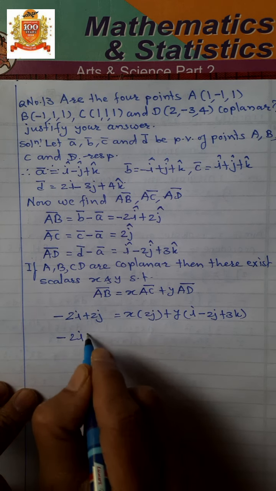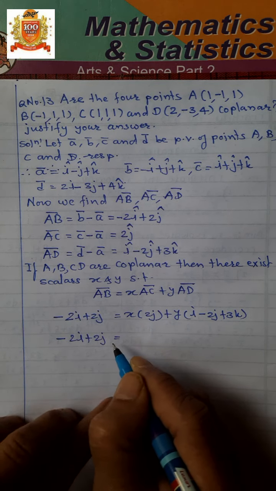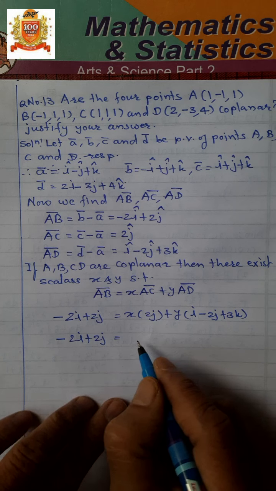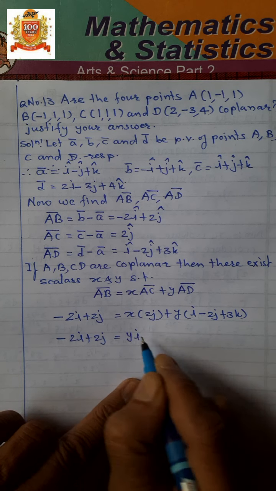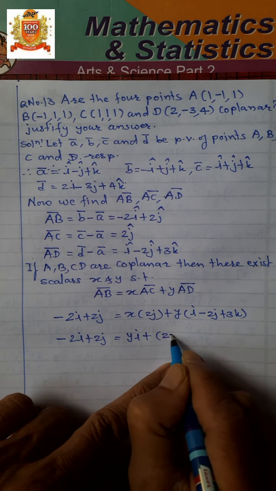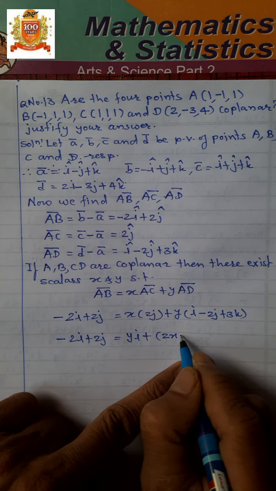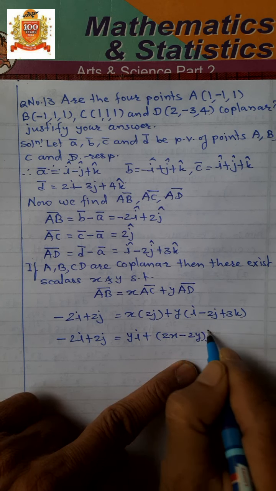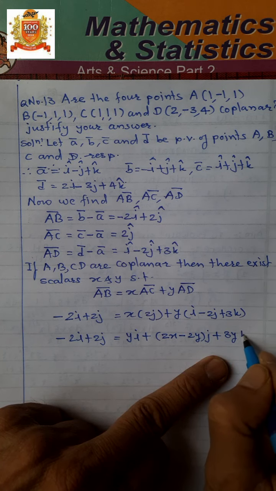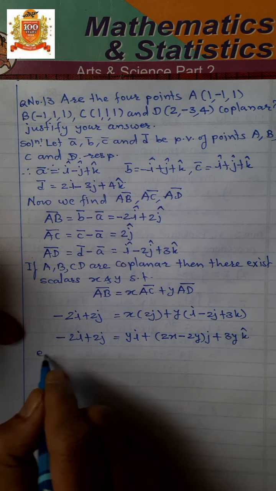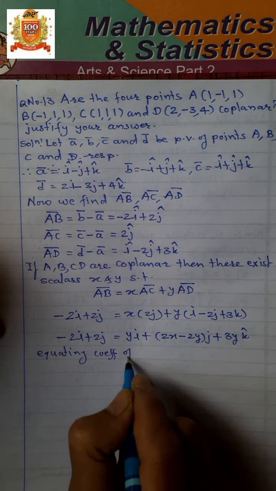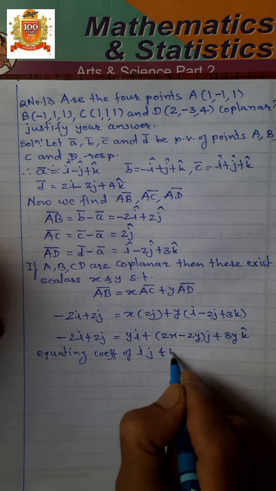Minus 2i plus 2j is equal to, what we get here, y into i plus 2x minus 2y into j plus 3y into k, equating coefficients of i, j and k.